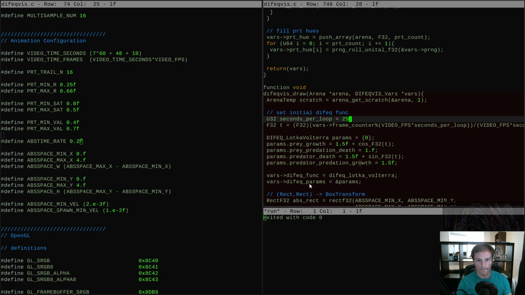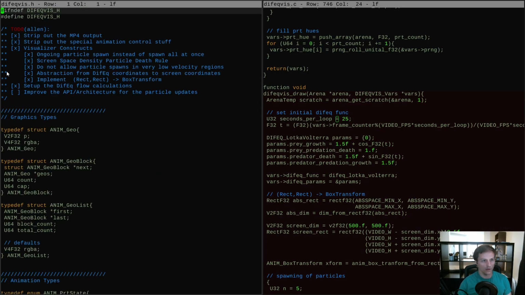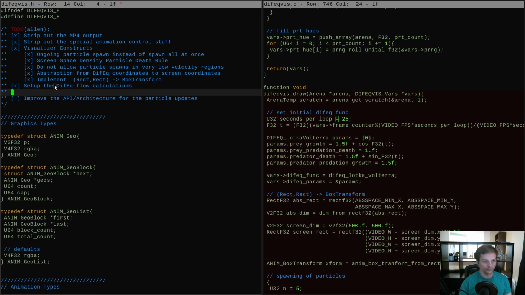All right, let's do some to-dos. Controls for changing the diffeq parameters.